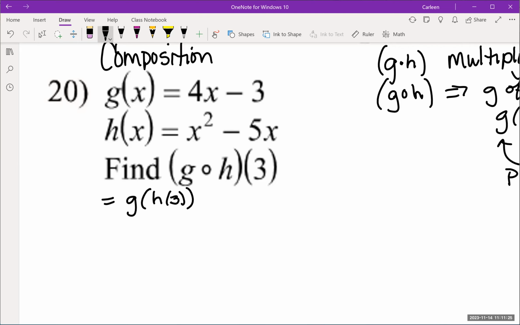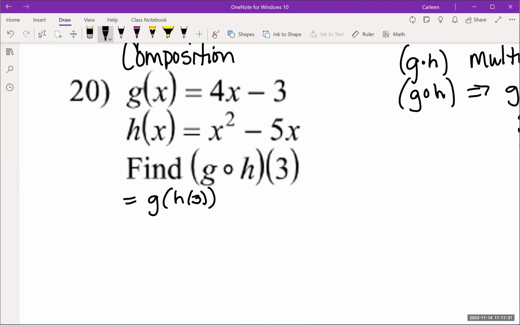Anyone have a guess of where I would start? It's okay if you don't have a guess. Guessing actually helps you remember it longer. Ooh, careful. Not G of 3.